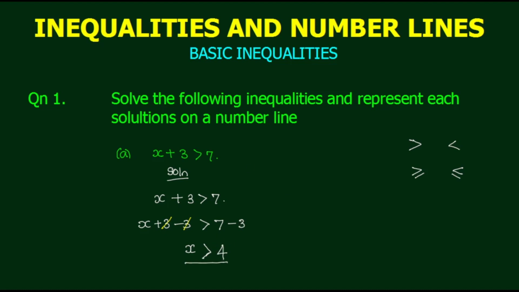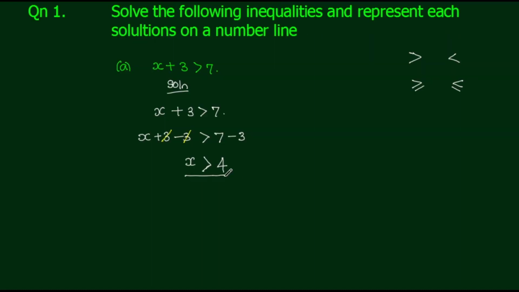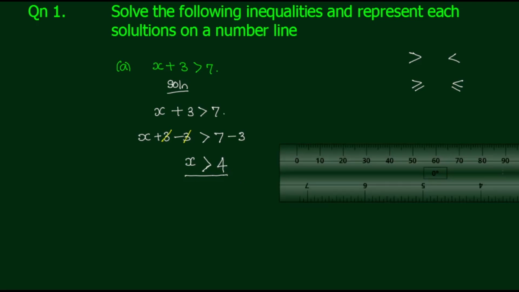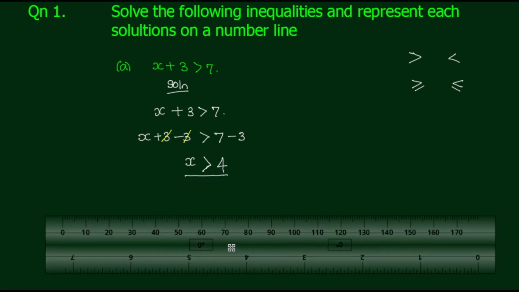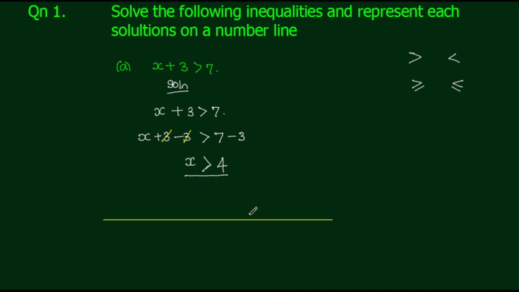Then we have to represent it on the number line. So what we do is we get numbers which are near to 4, and then we represent them on our number line. So let's draw a line to represent the number line here. Now if this is our number line that we're going to use, we can have maybe 4 somewhere here.